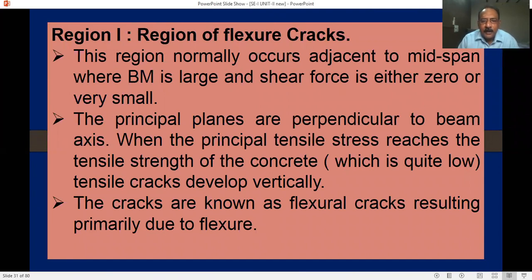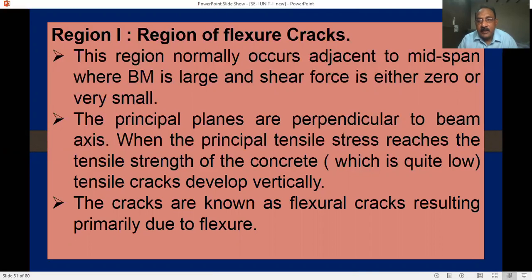Why? Principal planes are perpendicular to the beam axis. When these principal stresses reach the maximum tensile strength of the concrete, what is that strength? It is 0.7 under root fck Newton per mm square as per IS 456 code provisions.